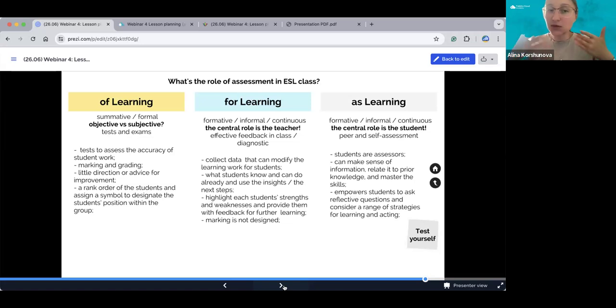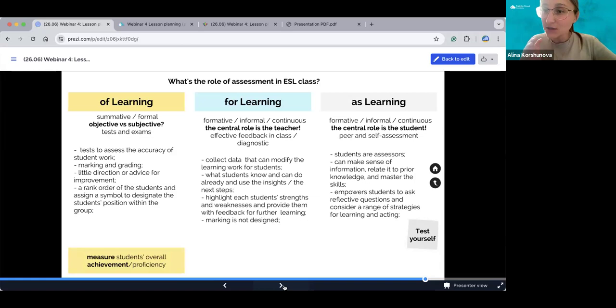So that is assessment of learning. Actually, it does not help us that much with planning or teaching. It just measures students' overall achievement or proficiency. Again, that might be summative assessment, something that we do at the end of the course, including tests or exams.